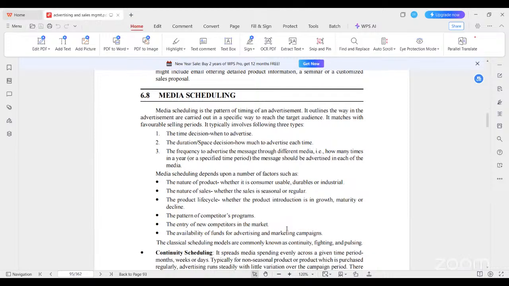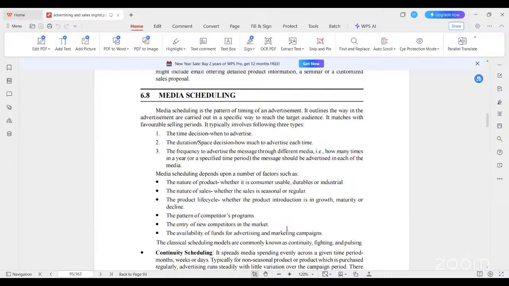And the pattern of the competitors' program is also very important. How the competitors are moving, we need to understand their moves in the market. And the entry of new competitors in the market we also have to understand, because whenever a new entry or new products take place, they definitely come up with a low price and give more perks to the customers, like free samples, one plus one, with less price.